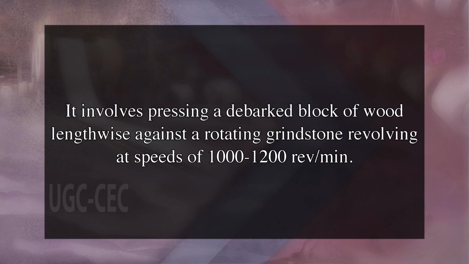The stone groundwood pulp process is the oldest mechanical pulping method in which wood is ground into a pulp. It involves pressing a debarked block of wood lengthwise against a rotating grindstone, revolving at speeds of 1000 to 1200 revolutions per minute. The abrasion force of the grindstone tears wood into thin fibers and fiber fragments, which are washed away continuously from the grindstone by a water stream.